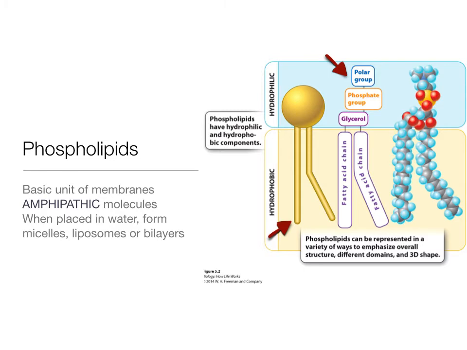The fatty acid tails, two of them, will be attached to the polar head groups, again by means of the glycerol molecule that forms a kind of scaffold between the fatty acids and the polar group.